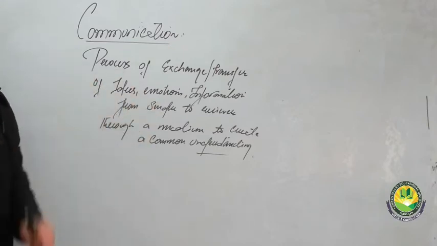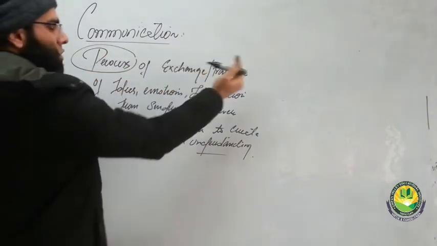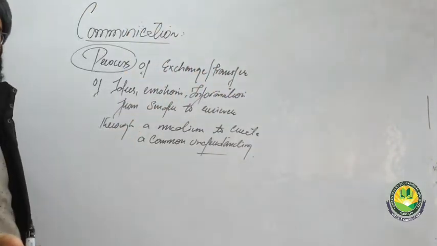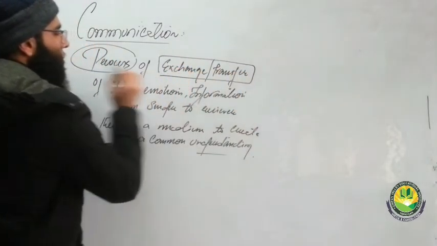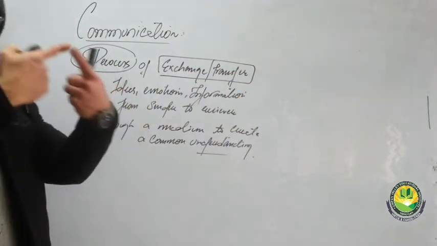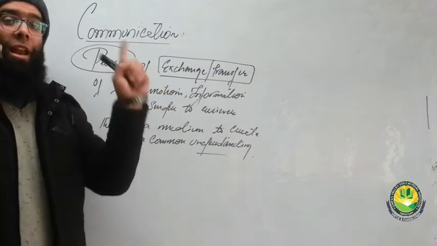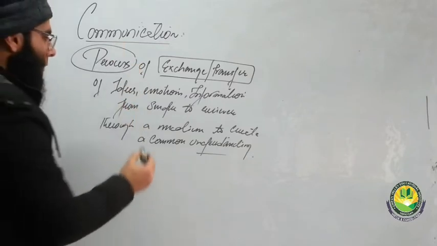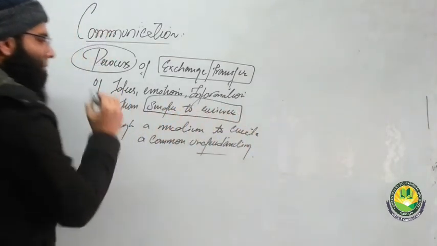So let's break it down. It is a process, that means there is a certain logical order of how this communication takes place, and there is an exchange or transfer. We know a single person cannot exchange. There have to be 2 parties. So exchange between 2 parties, and what are those 2 parties? Sender and receiver.